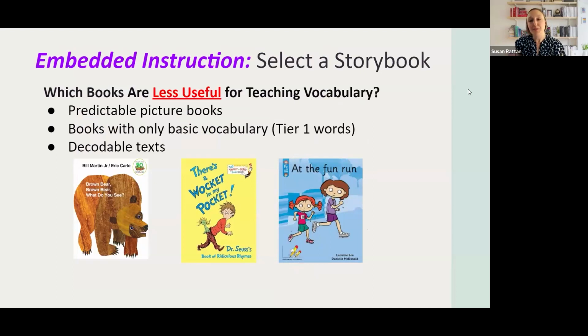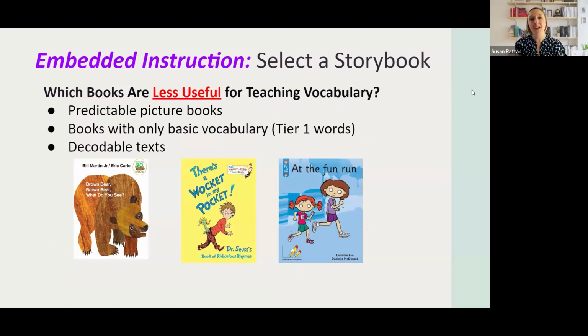Some types of books are not as useful for teaching vocabulary, and they're wonderful and useful for other important things. So we're absolutely not saying that any of these are not great books. But things like predictable picture books likely won't have the types of words that we're looking for in terms of teaching.